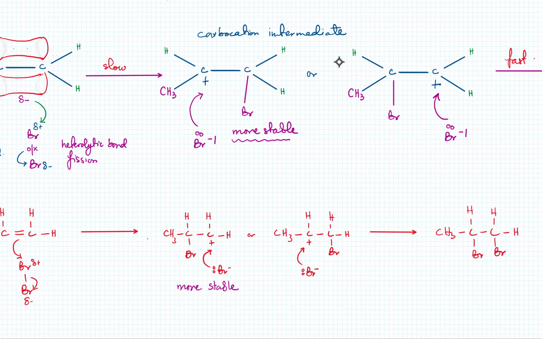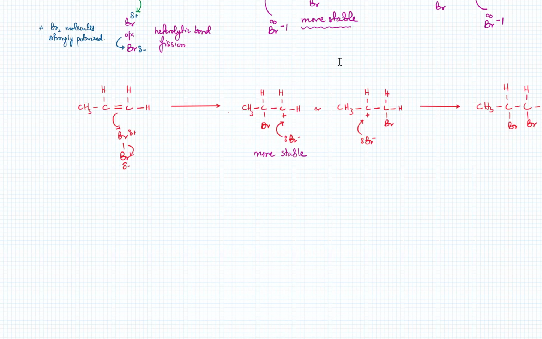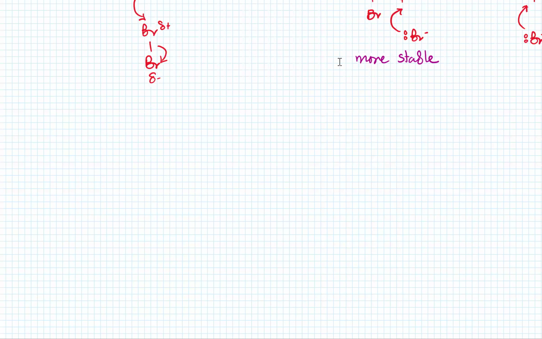I'm going to talk about carbocation stability because they're going to ask you about Markovnikov's rule, and they'll ask you about which carbocations are stable. Carbocation stability comes up very often in A2 papers. So you need to know the reasoning behind that. Remember that carbocations with more alkyl chains are more stable.